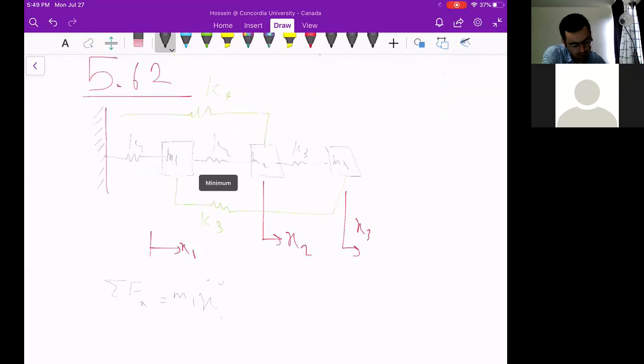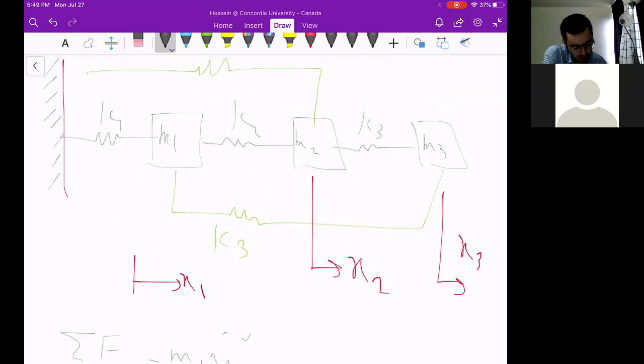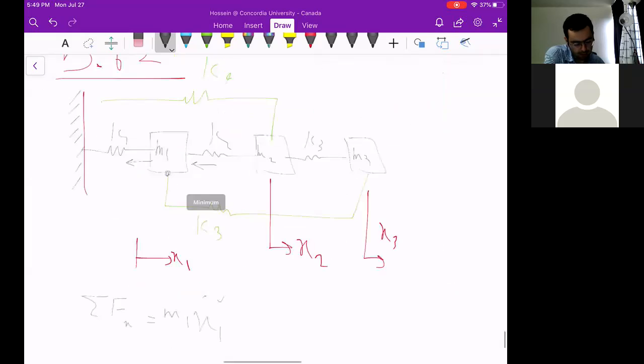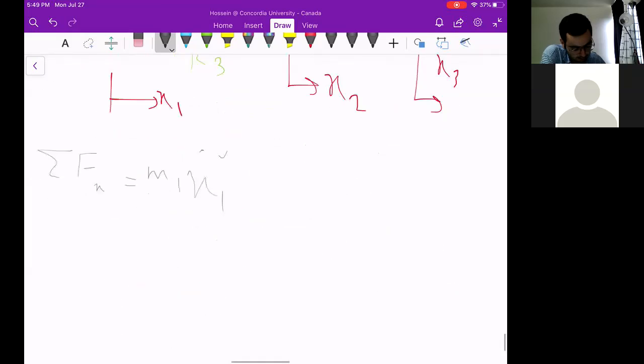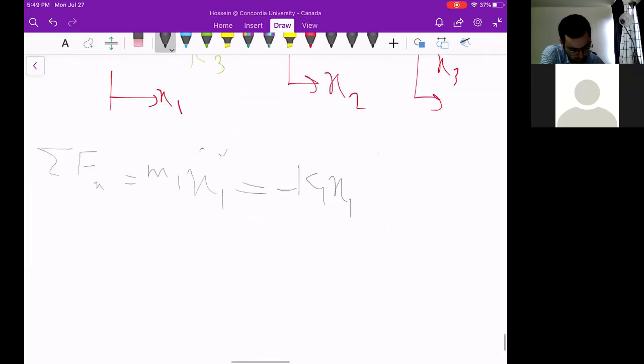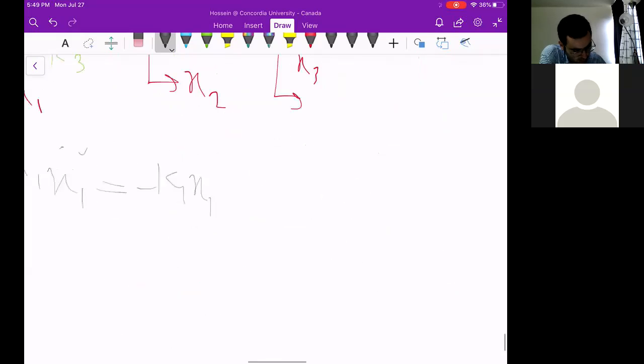If I displace the mass to the right, this spring will oppose, and this spring will oppose the motion, and also mass 1 is connected to mass 3 through spring K3. So this would be -K1 x1 - K2 (x1 - x2). Why?